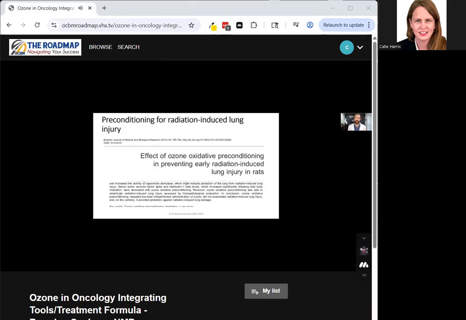Preconditioning for lung injury. Now, we're never, ever, ever going to breathe ozone into the lungs. The lungs have the weakest redox system, antioxidants specifically. So the treatment that's done here, again, a rat study, is specifically doing something like MAH, major autohemotherapy, or rectal ozone, or EBU, to improve the antioxidant production that would be found in the lungs.